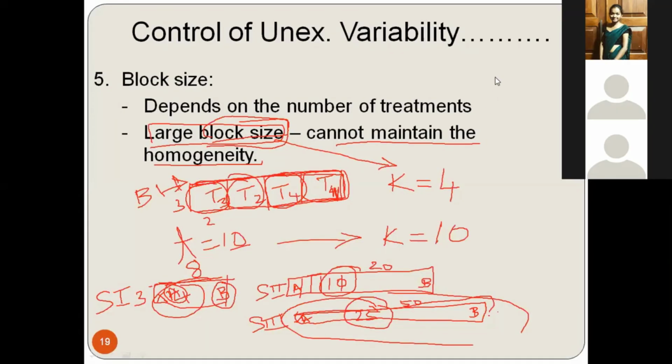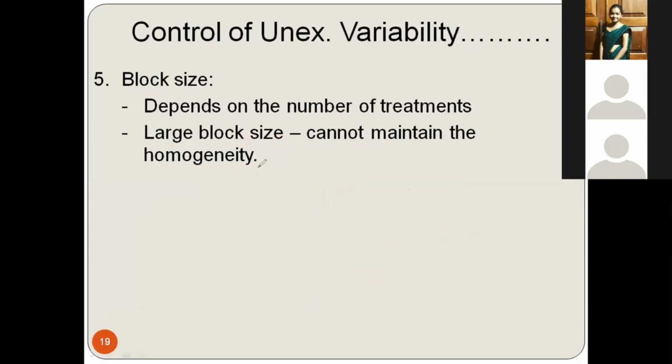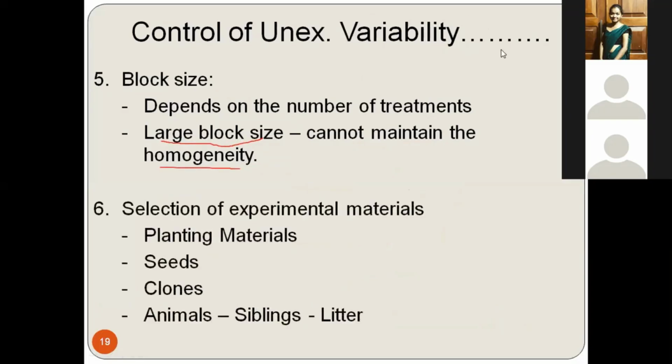Therefore, large block size will have more variability, so we cannot have the homogeneity. Then we have a problem. So we have to decide what to plan for the experimental design.